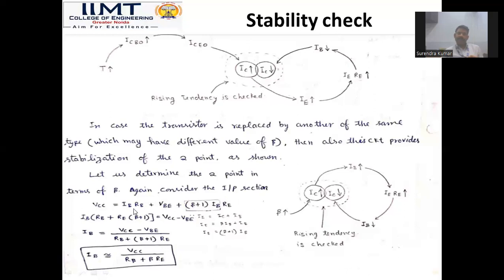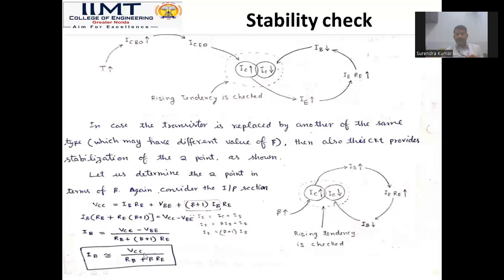We write this equation in the slides. So it is in terms of beta plus 1, IB, RE, and IB RB. We get IB times RB plus RE, beta plus 1, equal to VCC minus VB. So the base current can be given as VCC minus VB over RB plus beta plus 1 RE.